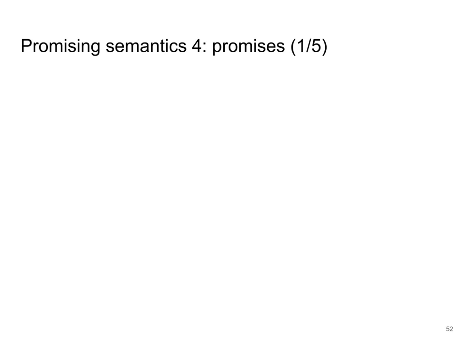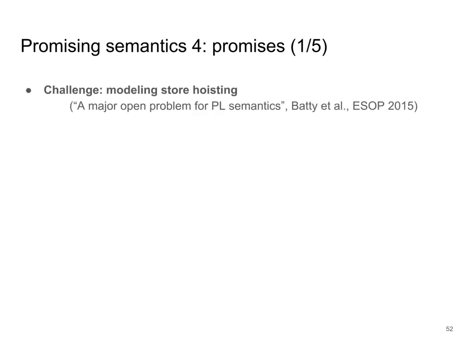So the promise is basically trying to model store hoisting. Store hoisting means that a later store may be reordered across an earlier instruction so that the later store may be executed beforehand.